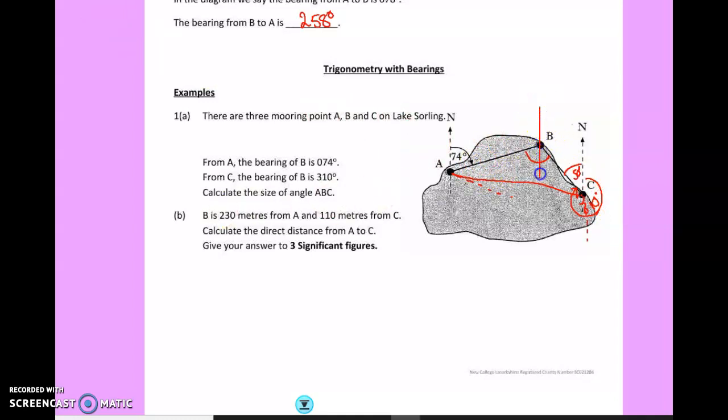If I put an extra north line in here, it splits up this angle. So I've got an alternate angle here, which means that one there would be 74 degrees, and we've also got this alternate angle here, so this one would be 50 degrees. To get my angle ABC, I'm going to do 74 add 50, which is 124 degrees.